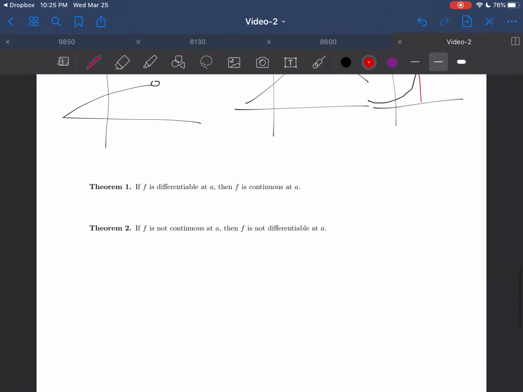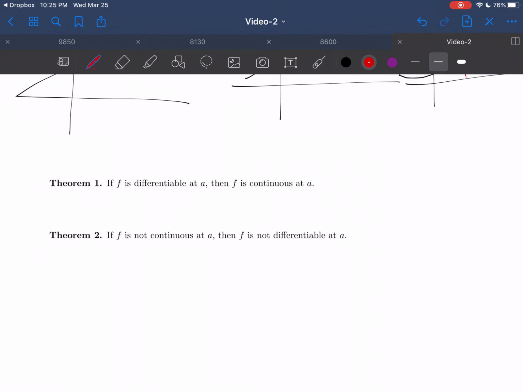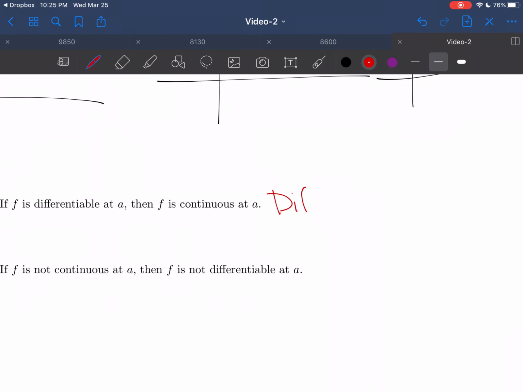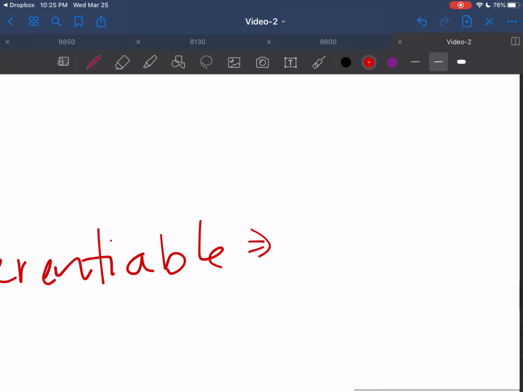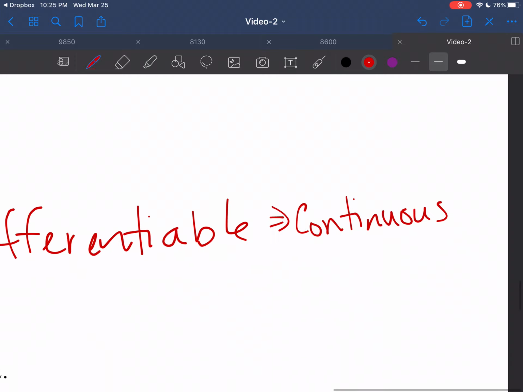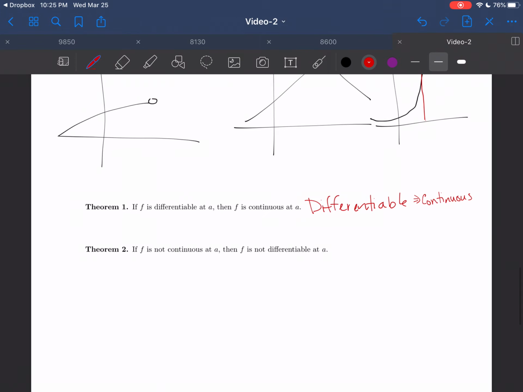All right. And then we've got 2 theorems. If f is differentiable at a, then f is continuous at a. So we've got differentiable implies continuous. Now, differentiable implies continuous, but the opposite's not true.